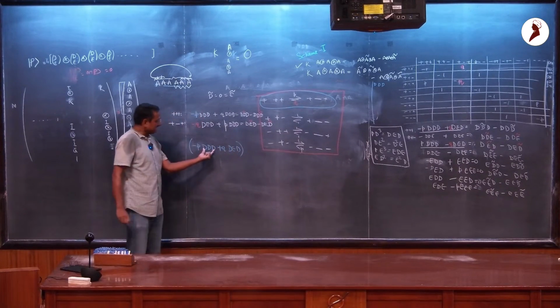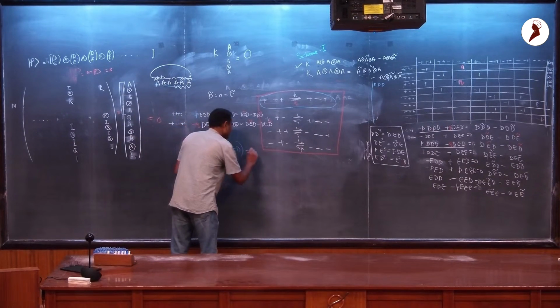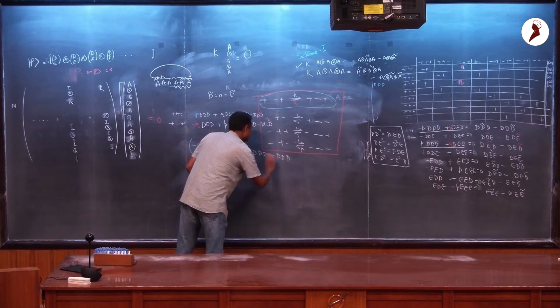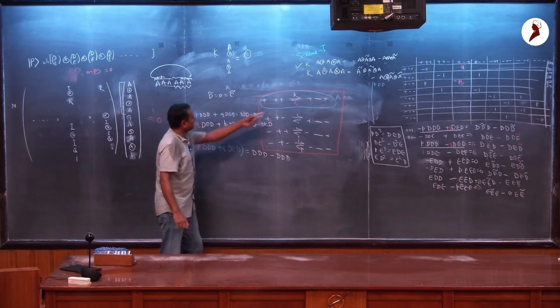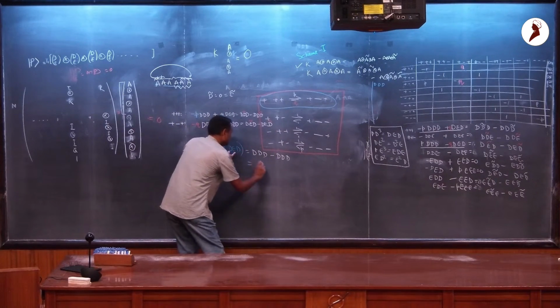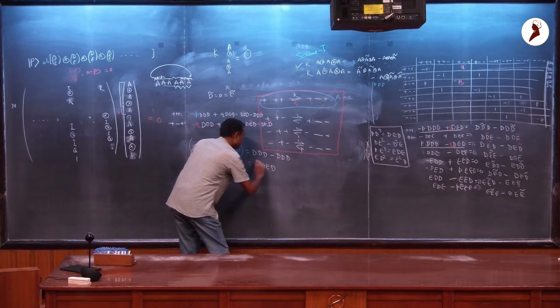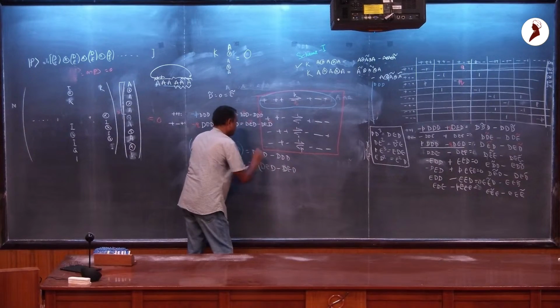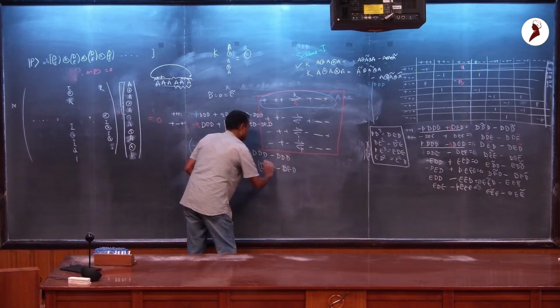Now if you are writing for d d d, then it is equal to d d d minus d d d. That is one. And from the other one, whatever you are writing for d d d, the other one is d e d, but with a minus sign. Minus d e d, with tildes placed properly.